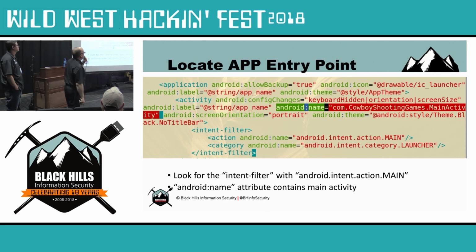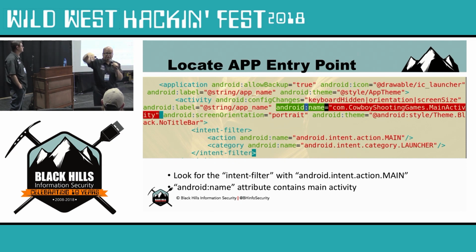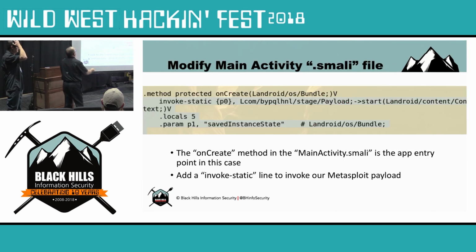In this case, it's com.cowboyshootinggames.mainActivity. Okay? Now, just like a lot of Java projects, once you have decompiled it, com.cowboyshootinggames.mainActivity becomes a directory path underneath the source code where the mainActivity.smali file will exist, okay?